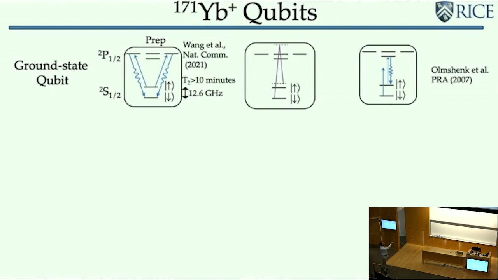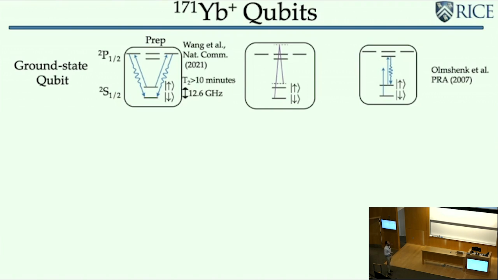I think this is the world record for T2 time with dynamical decoupling, 10 minutes. This qubit is very robust to magnetic field noise. It can be manipulated very effectively with Raman processes, and it can be detected with high fidelity with spin-dependent fluorescence, similarly to the calcium ion, as you have seen in the previous talk.